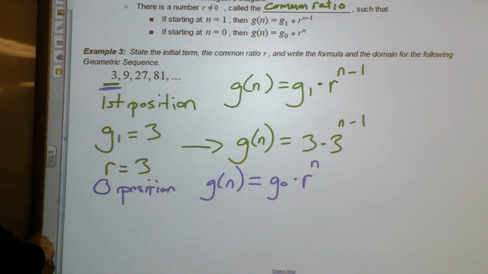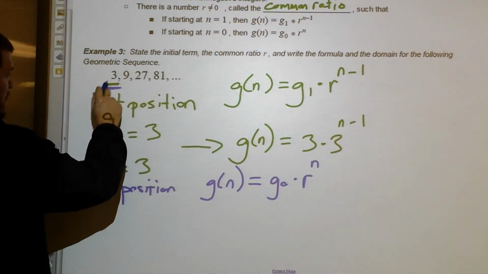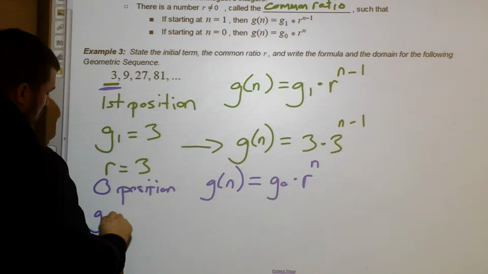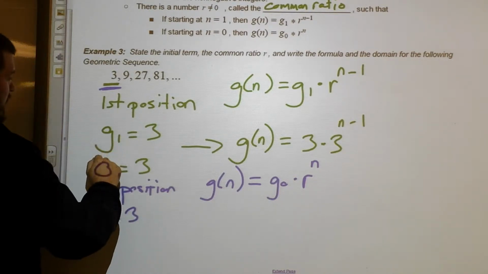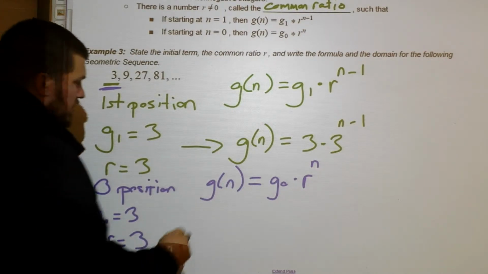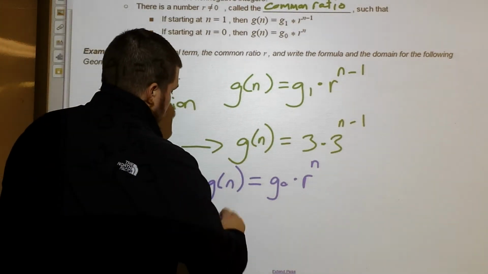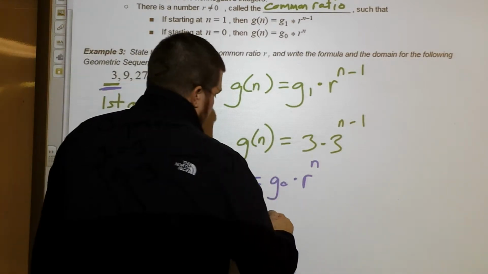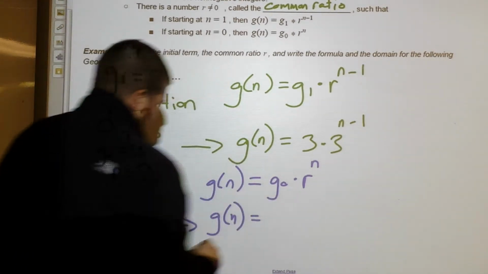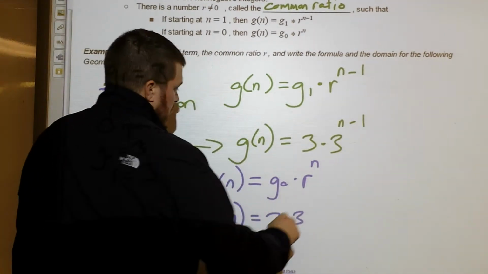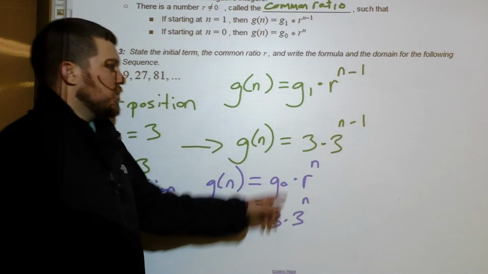My value of the 0 position was 3. My common ratio was still 3. That hasn't changed. So now I'm just going to plug in what I know. The geometric sequence, if I start at the 0 position, can be written as 3 times 3 to the n power.